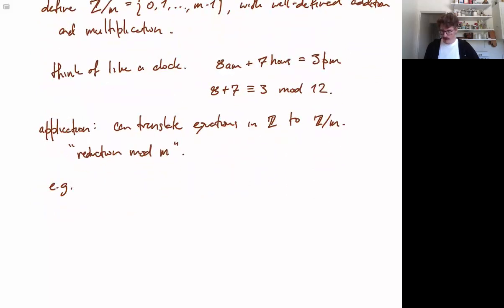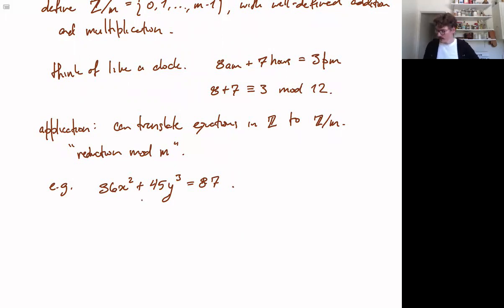I have this equation, 36x squared plus 45y cubed equals 87. Okay, and I want to know if this equation has any solutions in integers, and I want to start investigating that by looking at the easier situation of mod m.